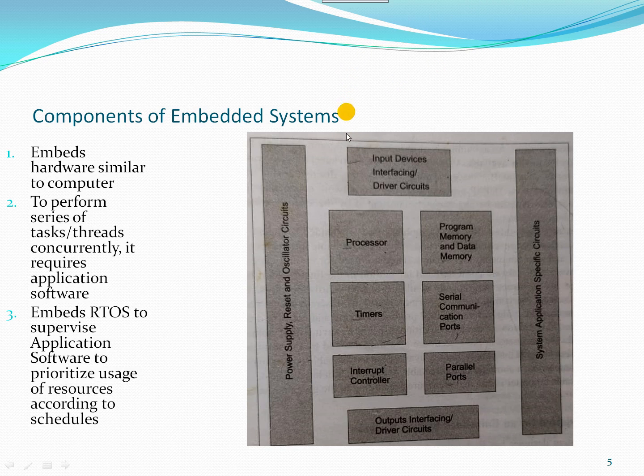So the software will be communicating with this hardware, and doing the work given by the user within the given time period. To perform this series of tasks and threads, we will be having the application software. This application software may have operating systems also.